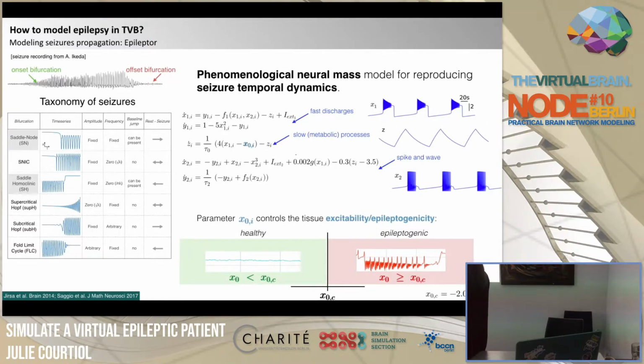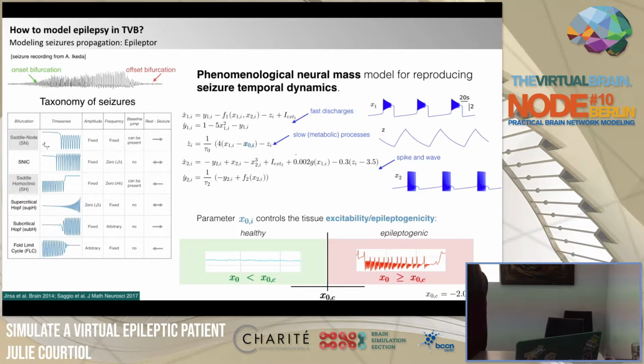Okay. And one important parameter in the model is the variable x0, which can determine if my system triggers a seizure or is in a resting state. So when this variable is below a certain threshold, I'm in a fixed point. But when I'm crossing this threshold, I can trigger a seizure.